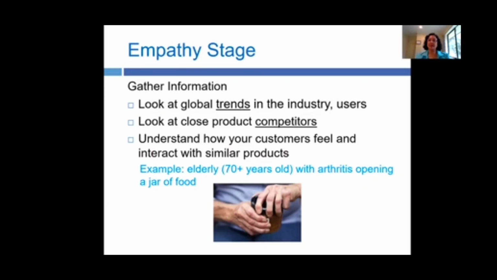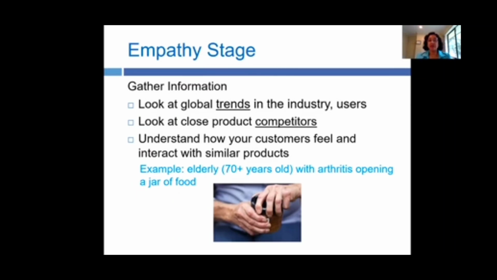So don't make assumptions. For example, if you're looking at a certain type of packaging for your product, you need to consider if it's something that the elderly, say 70 or 75 plus years, are going to use, then you need to also consider how someone who's elderly and suffering with arthritis, would they be able to open your packaging?